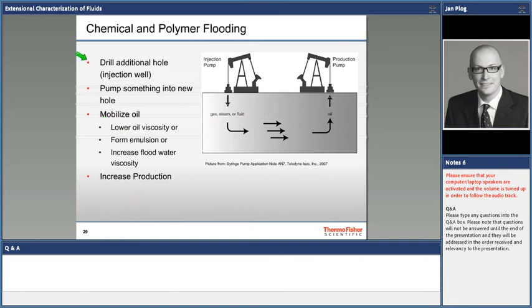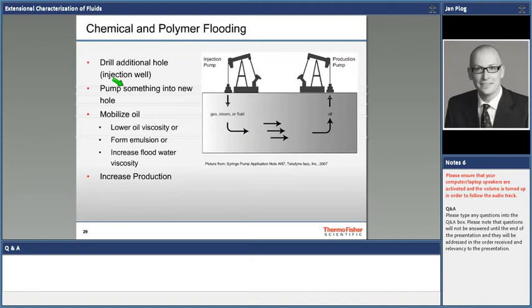One big application for the CaBER over the last years is the whole area of the petroleum industry. So when you use chemical or polymer flooding in enhanced oil recovery, what you do is you drill an additional hole for an injection well, and then you pump, let's call it something, into the new hole.